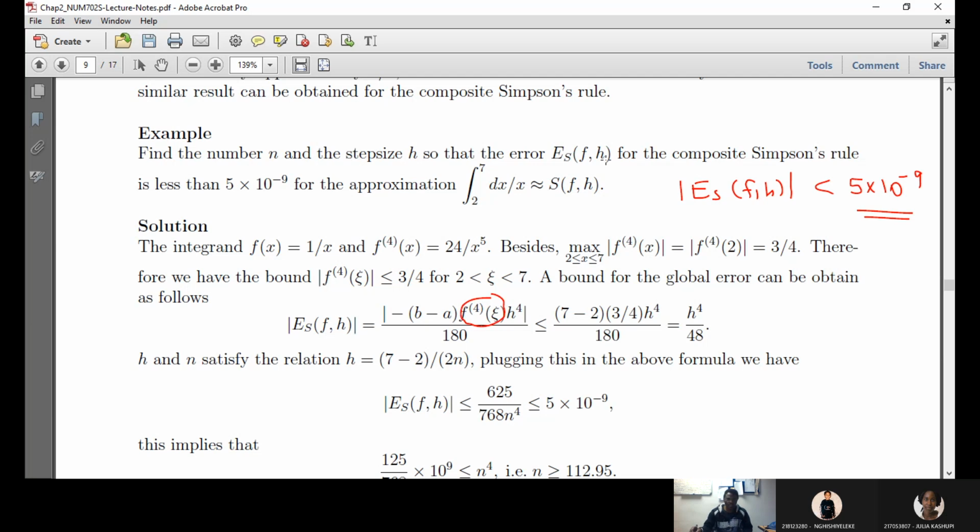What I'm saying is that in order for me to find the number of subintervals, I don't use this expression of E and impose directly this constraint of the error being less than 5 into 10 to the negative 9. I don't do that. But I will impose this constraint on an upper bound of the error term. That's why the first step here is to study the variation of the derivative in order to find an upper bound.